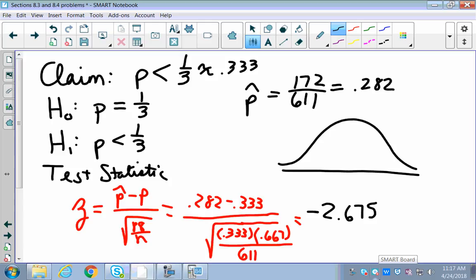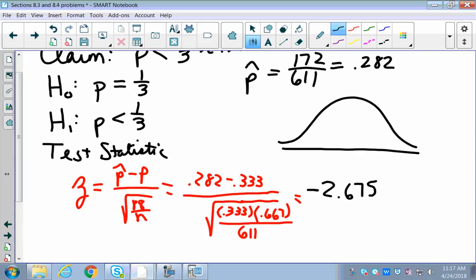I now need to decide my area, my P value, right? So when I have a Z of negative 2.675, I want to know what this area is.